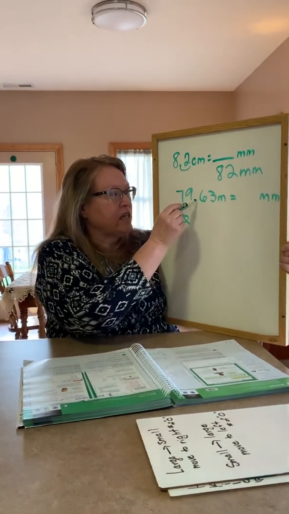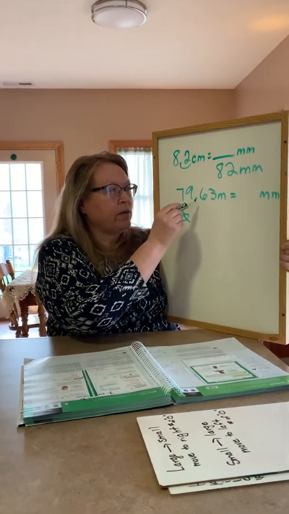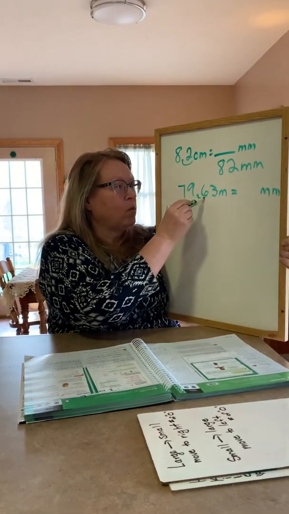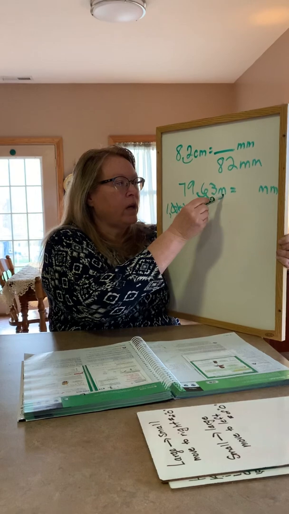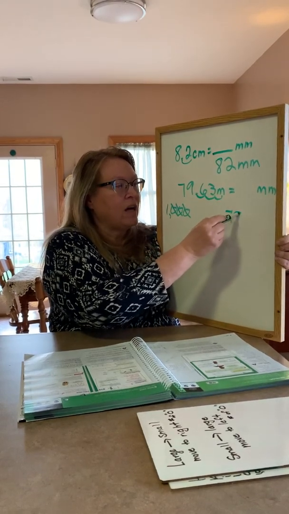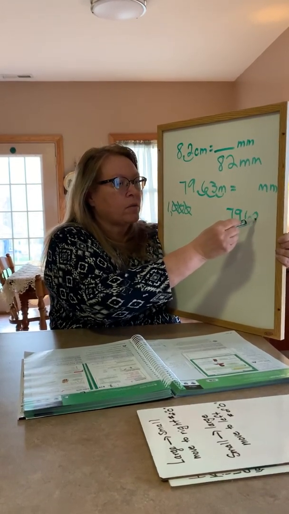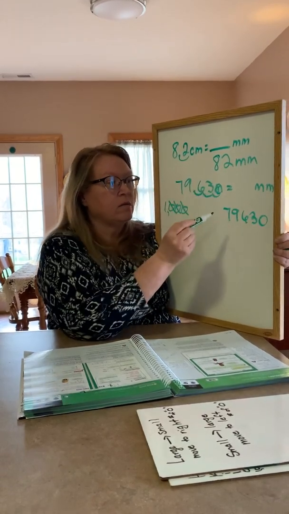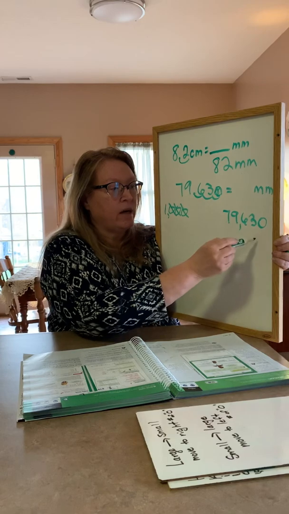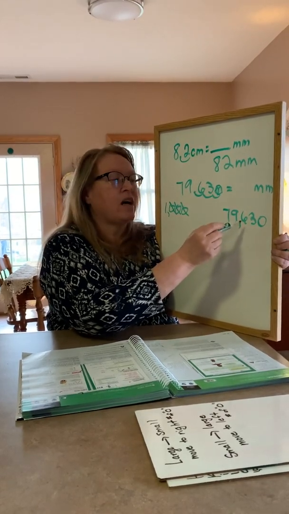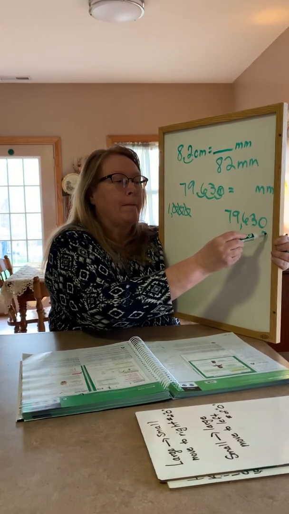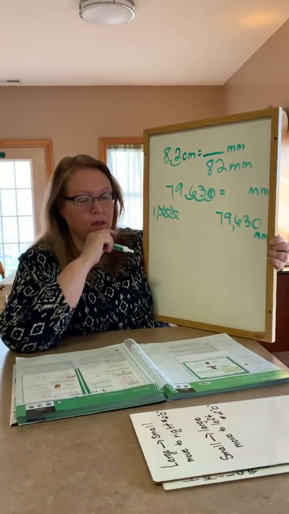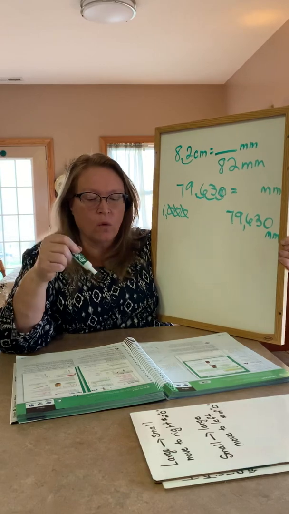So I'm going to take this decimal and go 3 places to the right, which means 1, 2, 3. So it's going to be 79,630. I got to fill that place in with a 0. And then I put my comma in. So my answer is 79,630 millimeters.